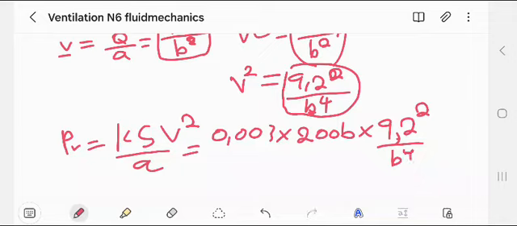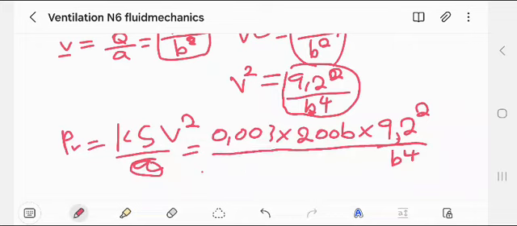Yeah, we've substituted, but all over what, area. We'll divide all of these by area. To make this easy, we can just take it like this.